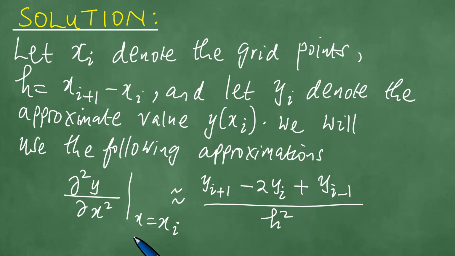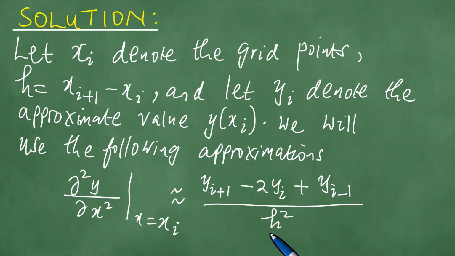Note that this is exactly the approximation of the second derivative: d squared y dx squared evaluated at x equal to xi is approximately y sub i plus 1 minus 2 y sub i plus y sub i minus 1 divided by the square of h.